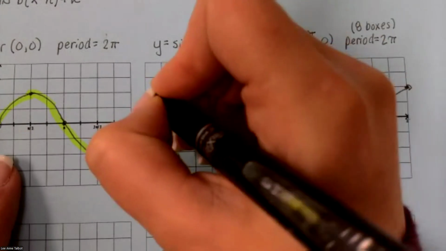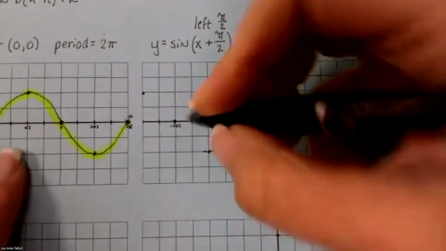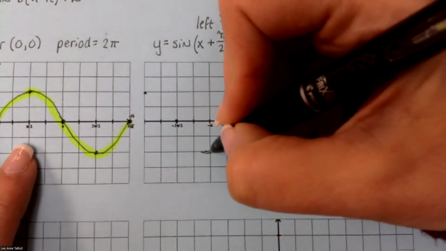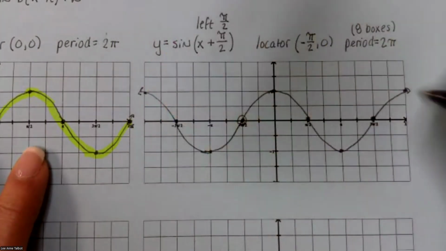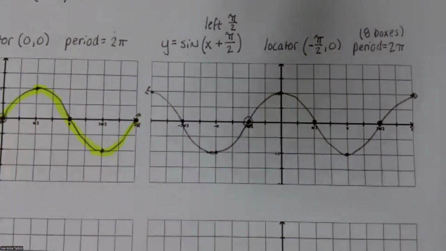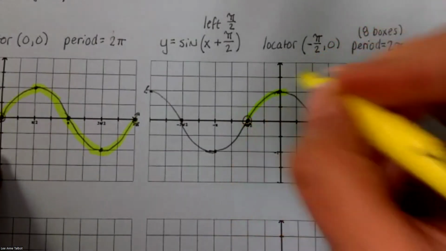We usually ask you on tests and quizzes to graph as many cycles as will fit on the graph paper. And then highlight your first cycle.